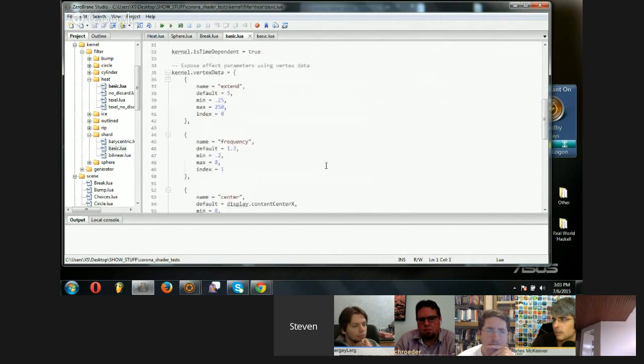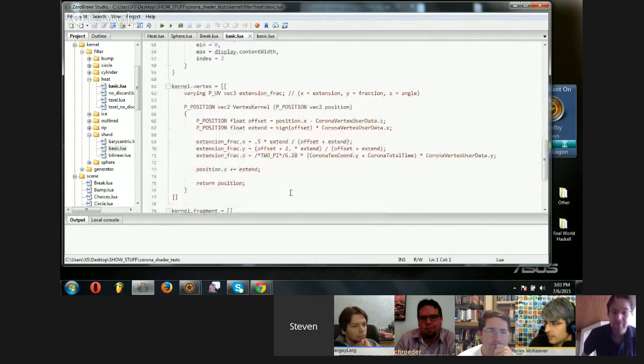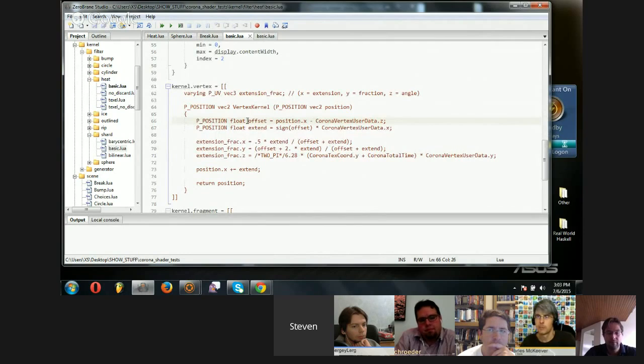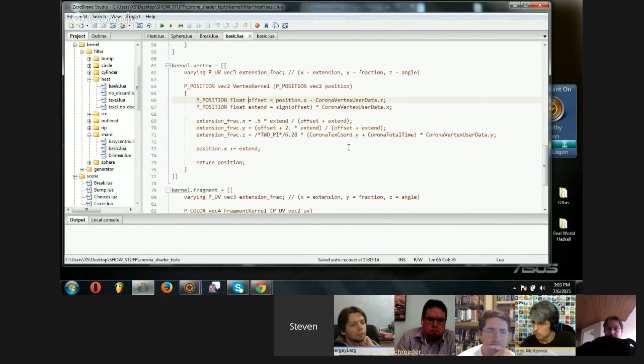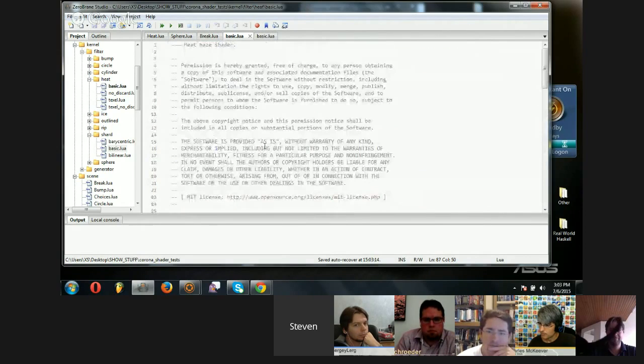And in that heat one, the thing that was shimmering back and forth, I use the vertex shader to actually widen the geometry. And then after that, I shorten the texture coordinates so that they won't get clipped as they wave back and forth, but they'll still sample the texture inside of the widened region. So those are a couple examples of vertex shaders.